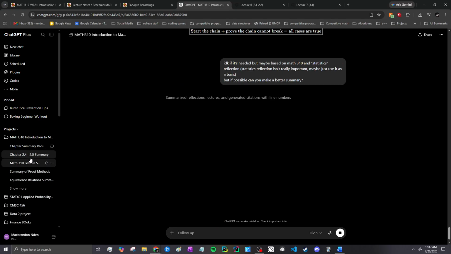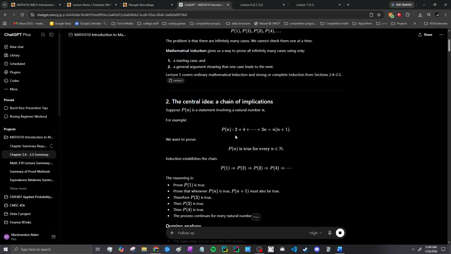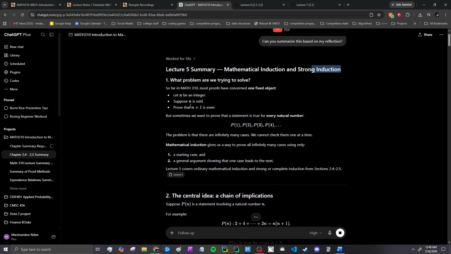Step 2: instead of proving that P(2) is true directly, you're going to make some domino effect. So this is called the induction step. What we're going to do is assume that P(n) is true for some n.